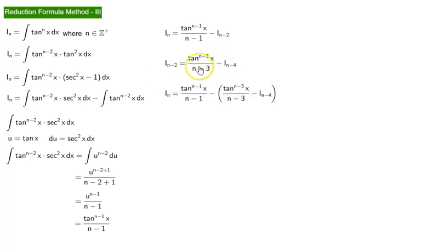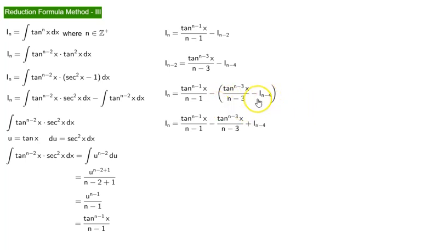Substituting I sub n minus 2 into the I sub n expression, we get I sub n is equal to tan to the power of n minus 1 x by n minus 1 minus tan to the power of n minus 3 x by n minus 3 minus I sub n minus 4.